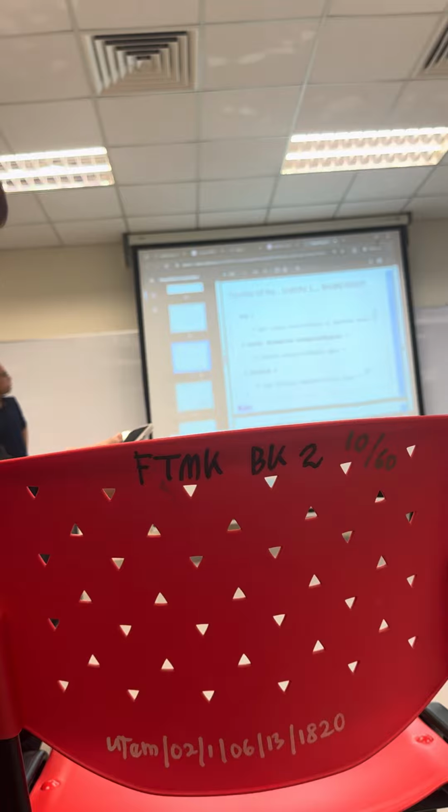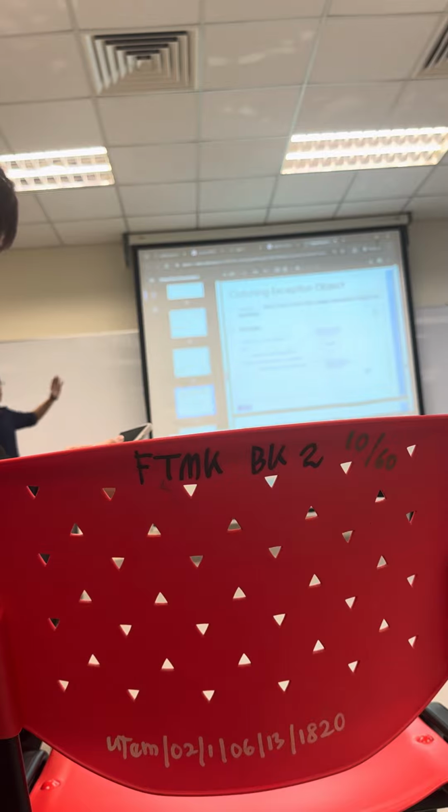Only the lab test is a bit easier because they draw the UML for the exception for you. But for this one in the final exam, they give you just a use case and the requirement, and from that use case and requirement, you need to draw the UML and also write the code.